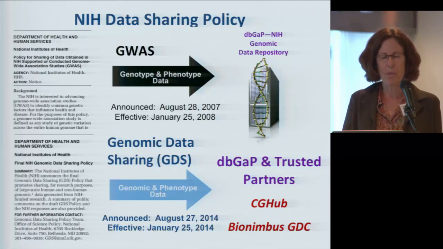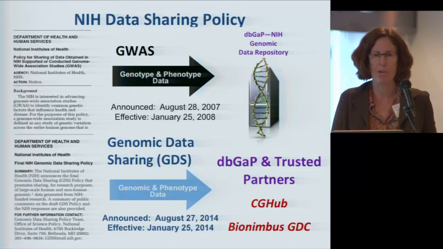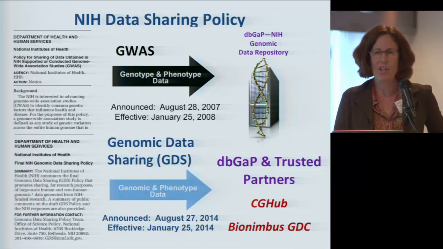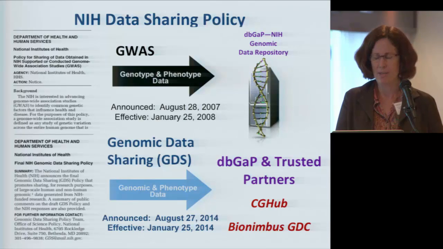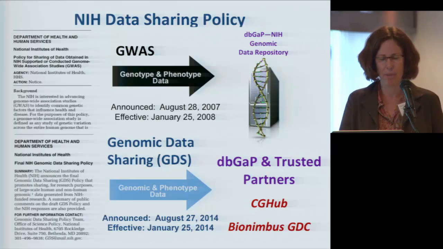This is the Trusted Partners Program. Currently there are two trusted partners. One of them is CG Hub. The other is the more recently awarded BioNimbus Genome Data Commons at University of Chicago.